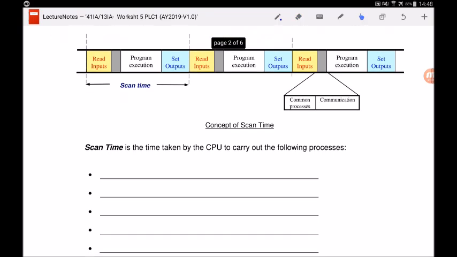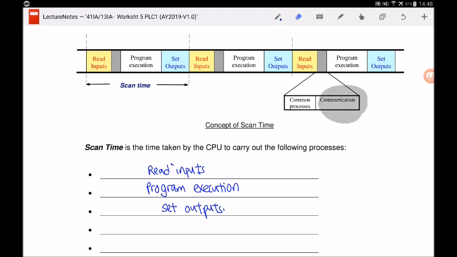So let's write this down first. Read inputs, program execution, or you can write execute program, up to you, and set outputs. Other than that, sometimes we do use it for communication purposes.